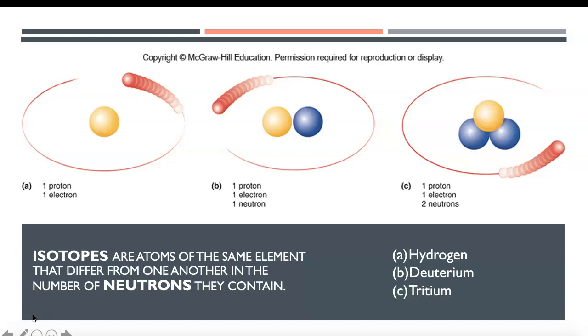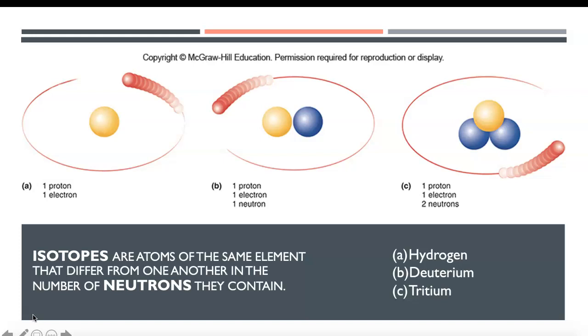That's the heaviest form of hydrogen. A is hydrogen, and B and C are the isotopes of hydrogen. So isotopes are atoms of the same element that differ from one another in the number of neutrons they contain. A typical hydrogen atom does not have a neutron, and the two heavier forms have 1 neutron or 2 neutrons.